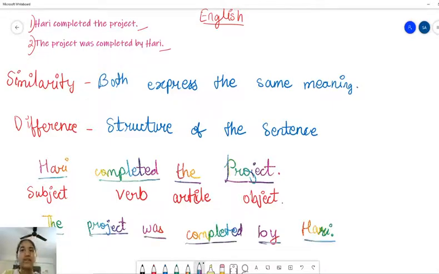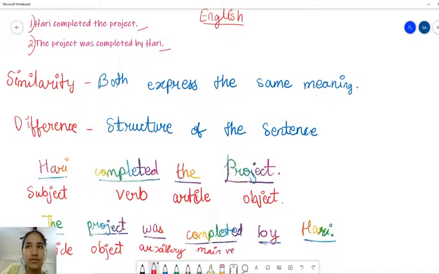Now you have to tell me what these are. This is the article. This is the object which has now come over here. Was is the auxiliary verb, or the helping verb, we can say. Completed is the main verb. By shows by whom the action was done, and Hari over here is the subject.